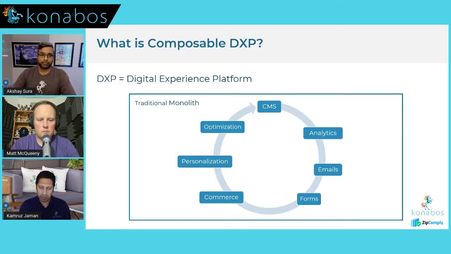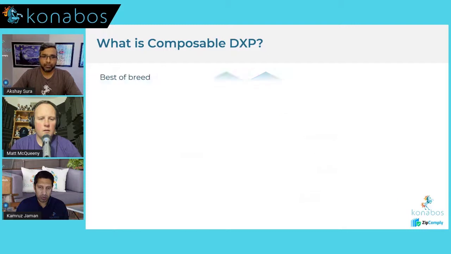It's tightly coupled, so in theory they all just play nicely together and everything just is there, right? The downside of this, of course, is that everything is tightly coupled, and people may already be using tools in their business, and this is where the ComposableDXP comes in.